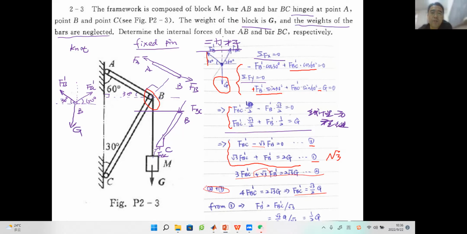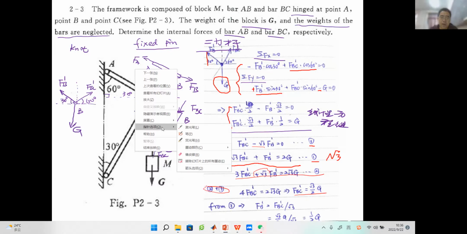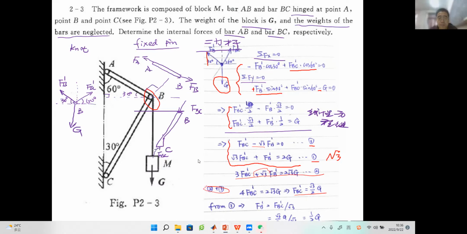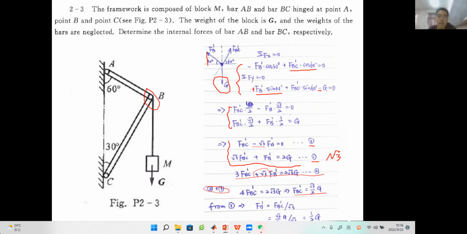Determine the internal force of bar AB and bar BC respectively. Let us find the internal force of bar AB. So how should we understand the so-called internal force? Let me tell you.